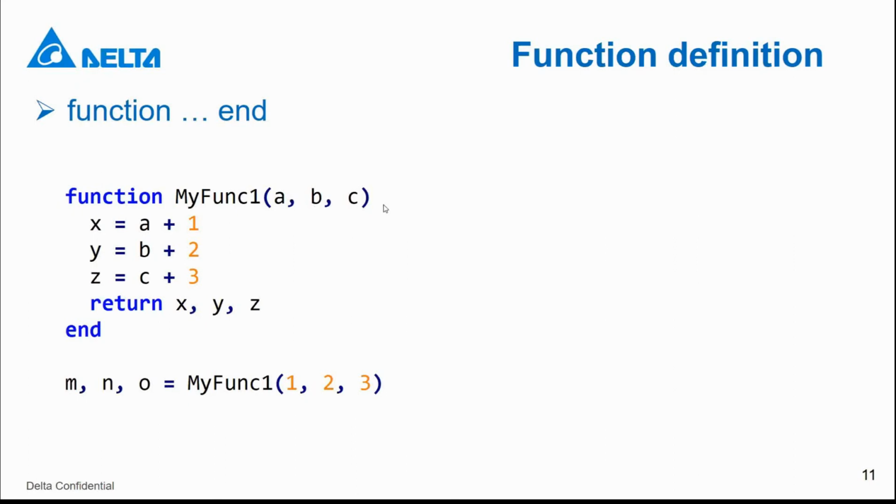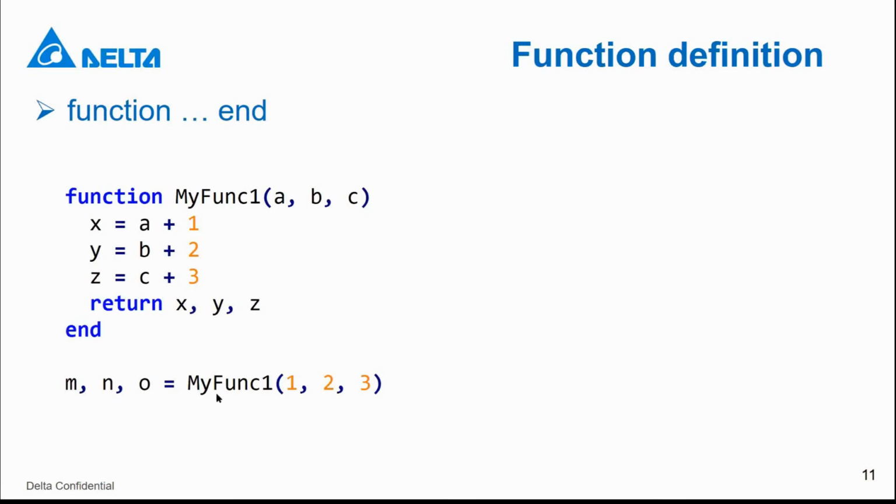You can define as many inputs as you need. And it's the same as a variable: you don't need to define the type. In the function, you can use these inputs to do everything, like a plus or whatever application you want. Then use a return keyword to return output. Here we return X, Y, and Z. And in the end, you need to put end to end the function.